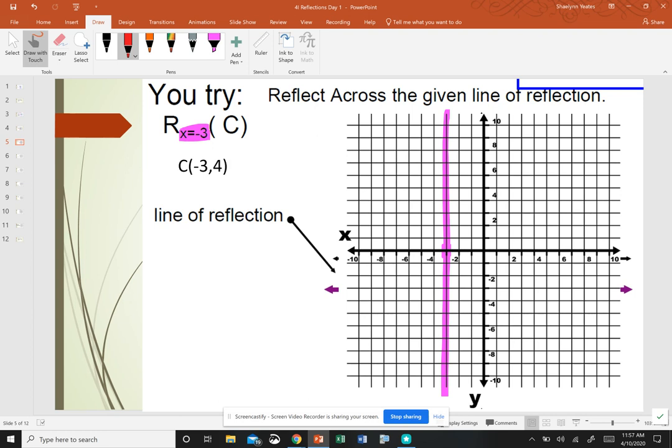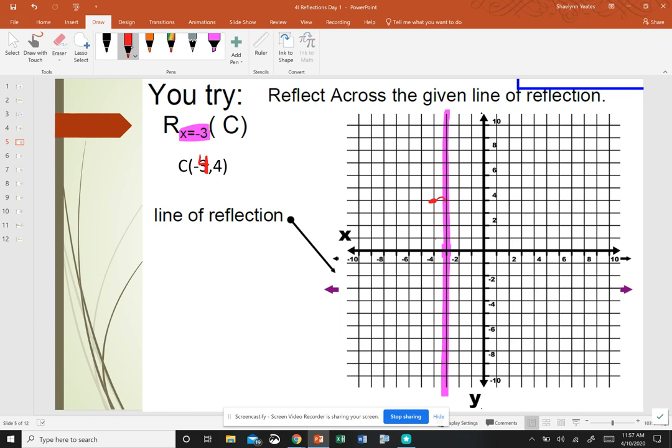So first we need to find C. So we're going to go to -3, +4. 1, 2. Oh, this is going to cause a problem. Change this so it's at -4, 4. Even on your paper, change it so it's at -4, 4. So we're at -4 up 1, 2, 3, 4. We're going to reflect across this line.